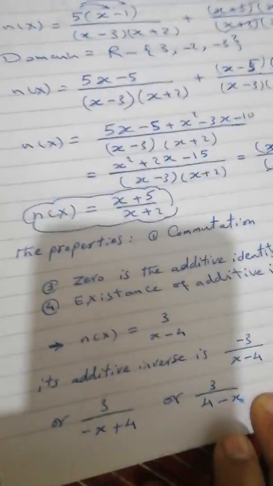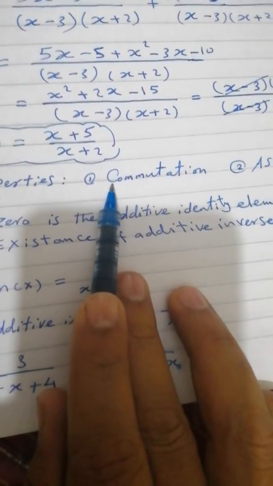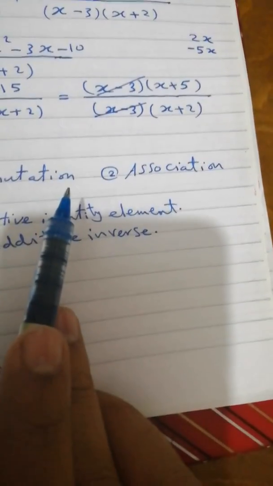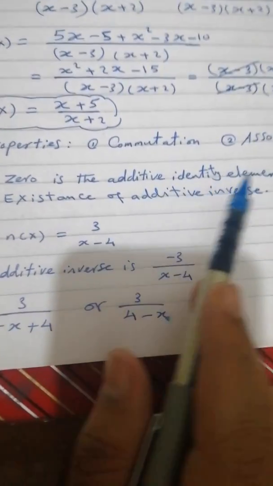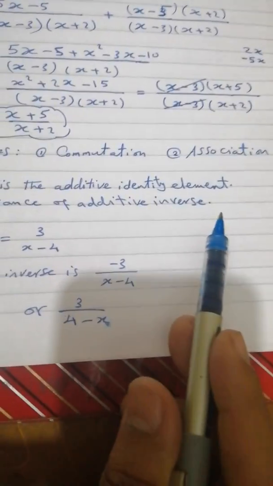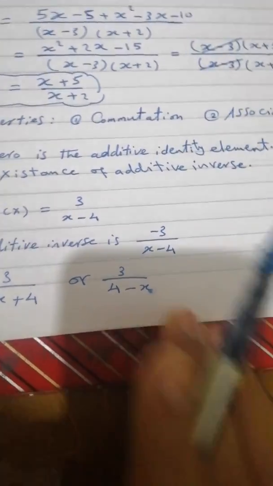The properties of addition: commutation, x plus y equals y plus x; association; 0 is the additive identity element; existence of additive inverse. The additive inverse of an algebraic fraction is a very important thing.